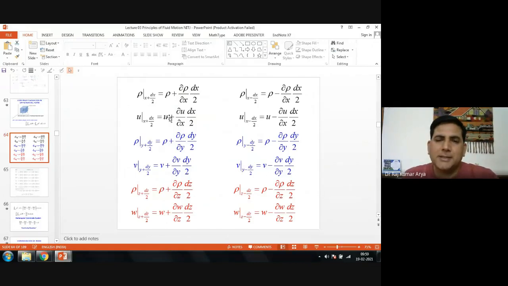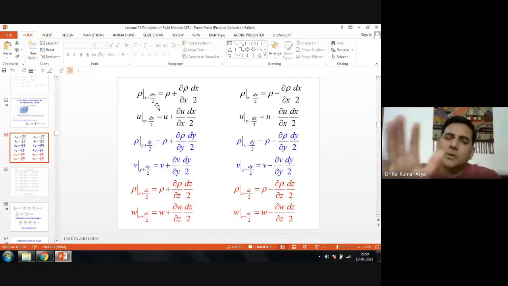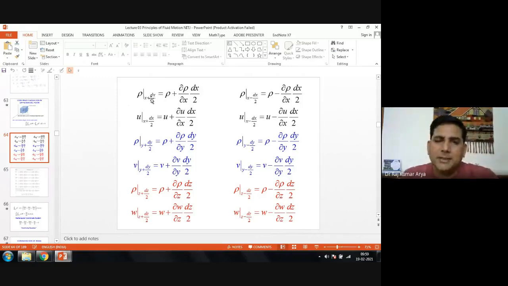This is how you can calculate your properties to plus x and minus x side. Let's say you have some density at the center. If you go dx by 2 to the plus side, what would be the density at x plus dx by 2? It would be rho plus del rho upon del x times dx by 2.